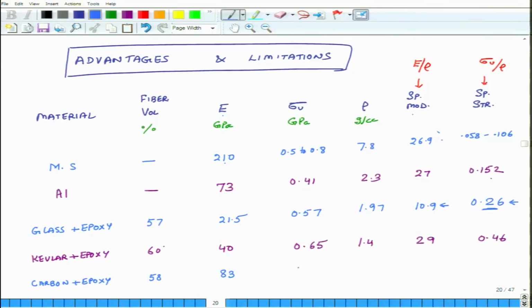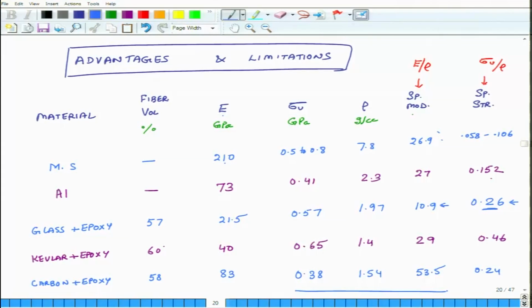Its strength is 0.38, density is pretty low, 1.54, and its specific modulus goes up really high, 53.5. So, it is almost 2 times that of steel or aluminum. And its specific strength is 0.24.